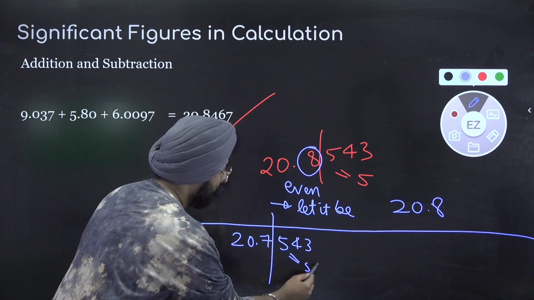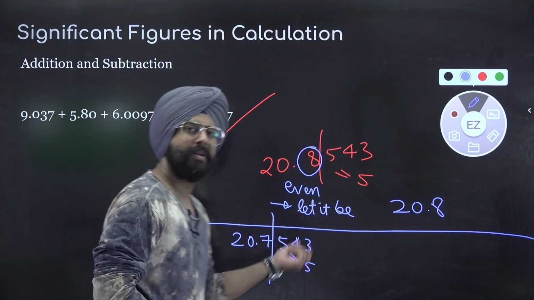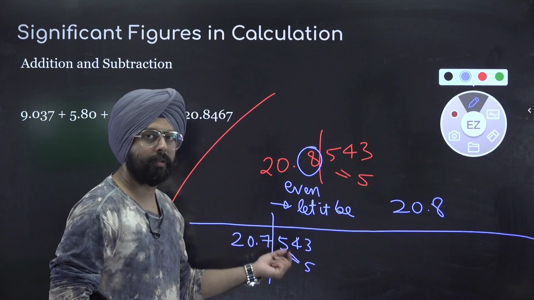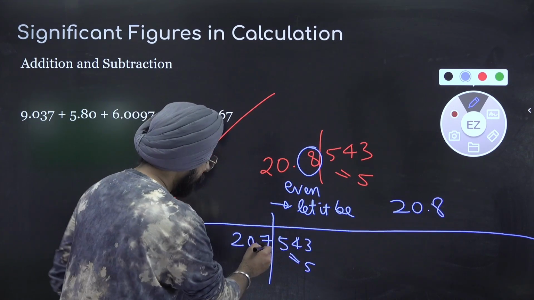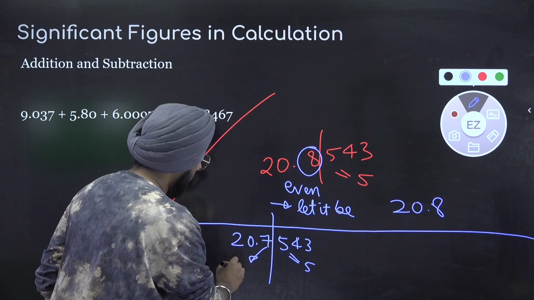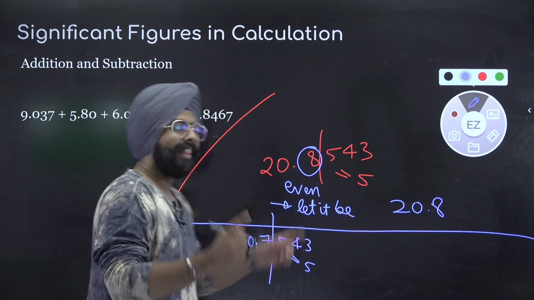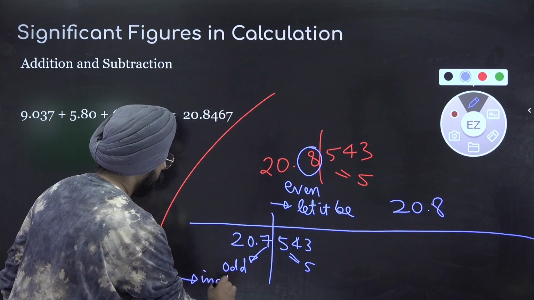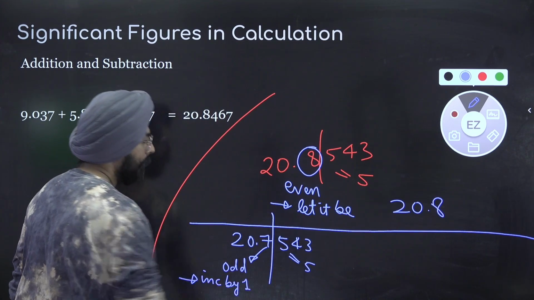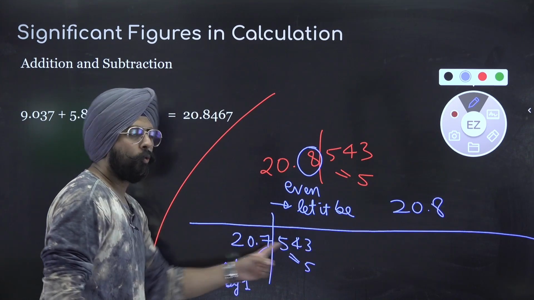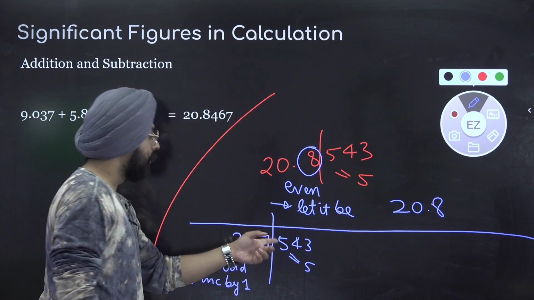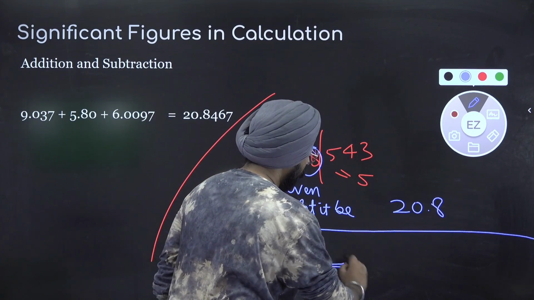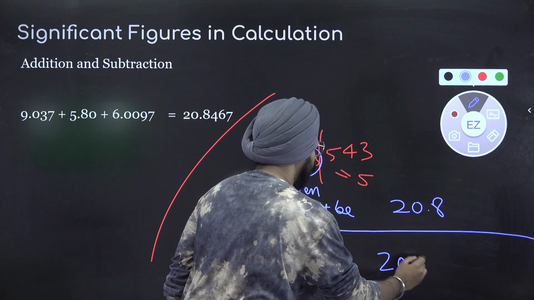If the cutoff number is 5 and this guy over here is odd, then my dear friends, what you have to do is increase by 1. So 20.7543, you will round it off as 20.8 once again.